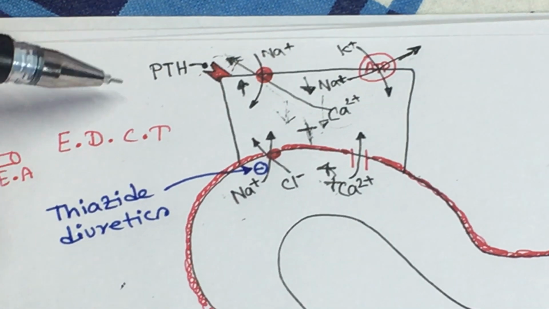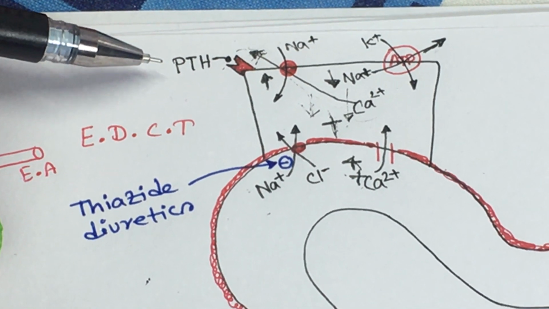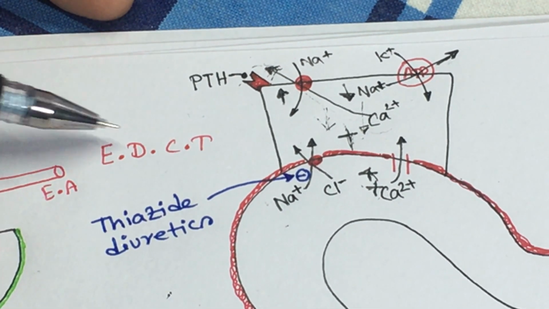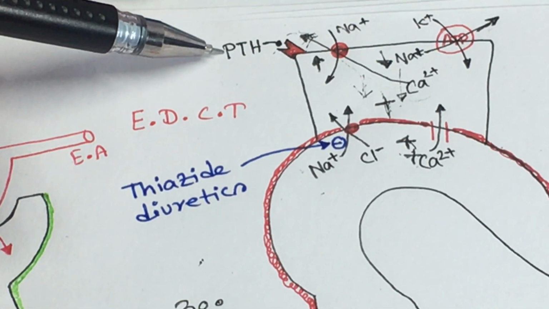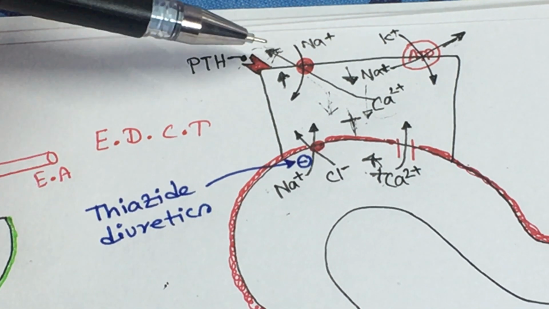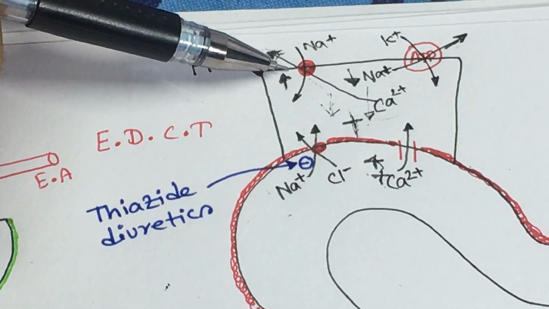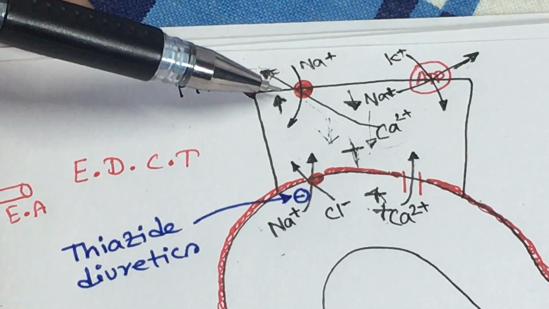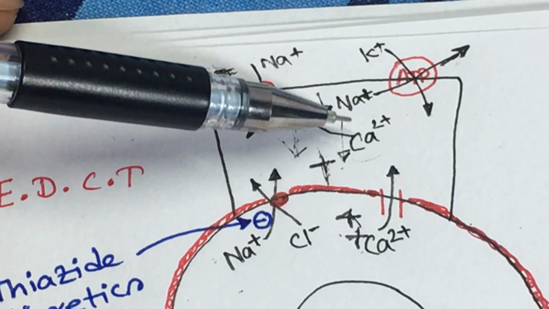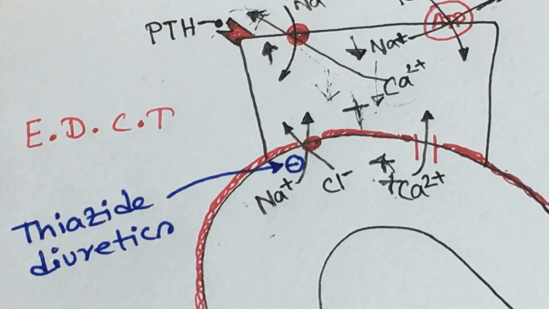Now we will see how parathyroid hormone increases calcium reabsorption in the early distal convoluted tubule. If parathyroid hormone works on its receptor, this transporter's activity will be increased. We know this transporter's activity is to decrease the intracellular calcium level.